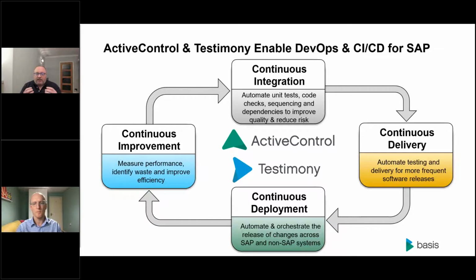We can deliver more frequently because we can automate the testing, and then we can automate and orchestrate the actual deployments across our multiple SAP landscapes. And then not forgetting that end bit, which is making sure that we have the empirical data across this whole development and deployment process, so that we can measure our performance, identify any waste, and improve the efficiency of the overall CI/CD process.